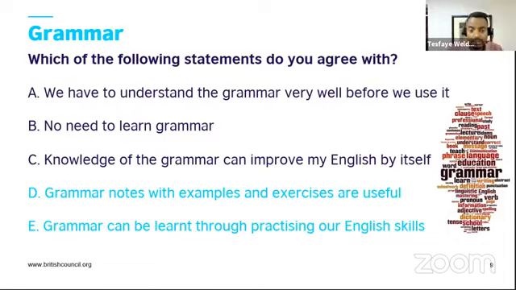Knowledge of the grammar can improve my English by itself, it says, by itself. That's the problem there, huh? It doesn't improve your English by itself. Only reading will not improve your English, yeah? It will not be enough to improve your English. So all these skills, the 4 skills plus pronunciation, grammar, and vocabulary, are integrated. You cannot say you only need speaking or you only need that.